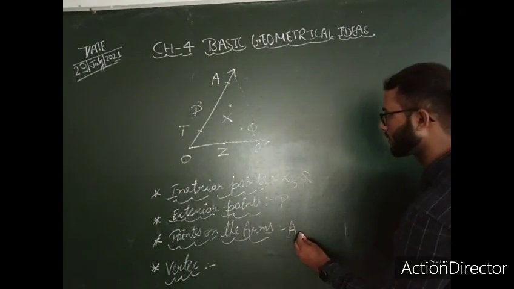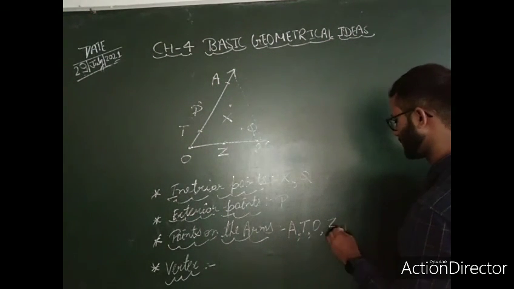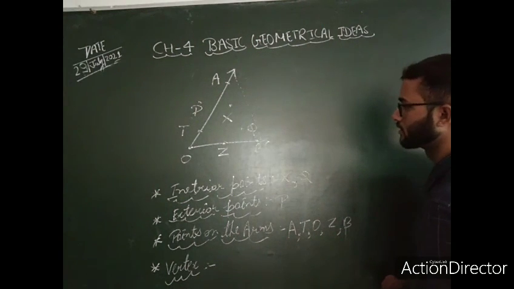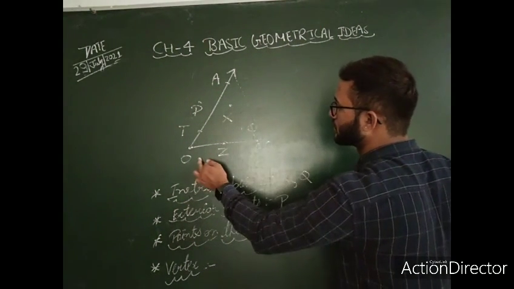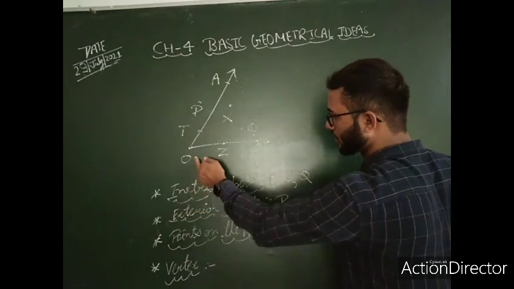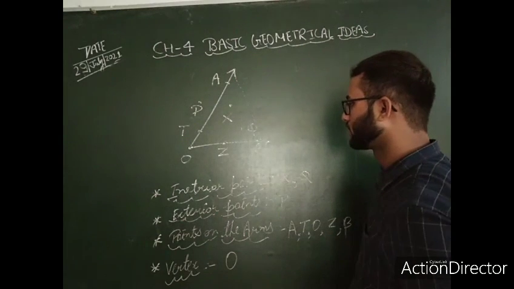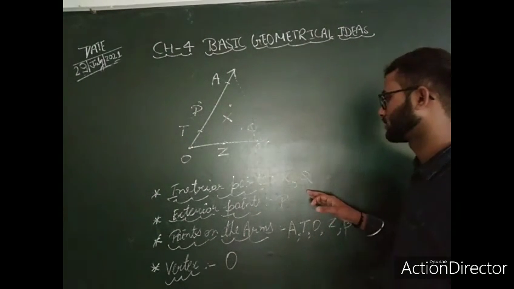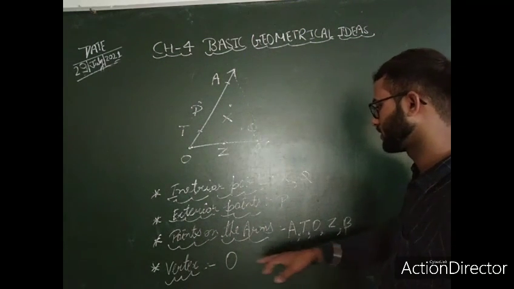So we will write A, T, O, Z and B. Now what is the vertex here? We say that the initial point of both rays is known as the vertex. So here O is this point. So these are the interior points of this given angle, exterior point, points on the arms and vertex.